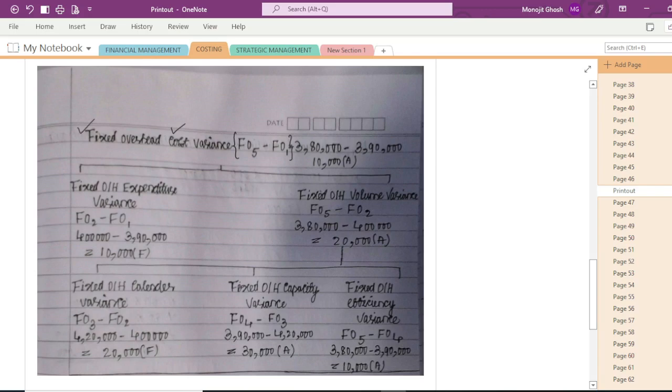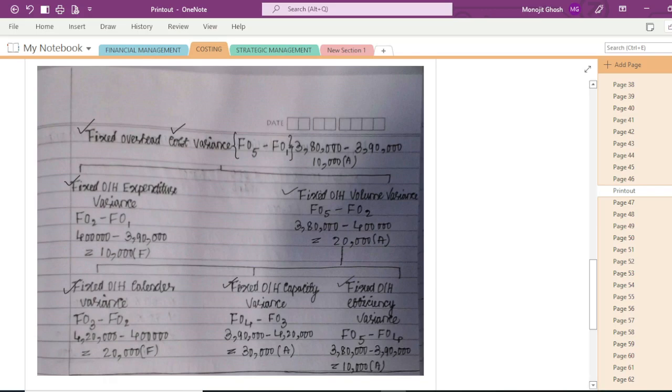Okay, this is the chart. After calculating all the parts, you have to prepare the chart. Okay, without preparing the chart, you can't fulfill the requirement of the question.